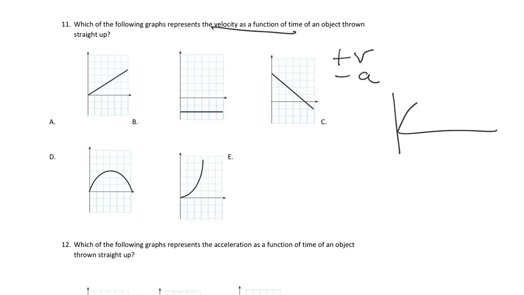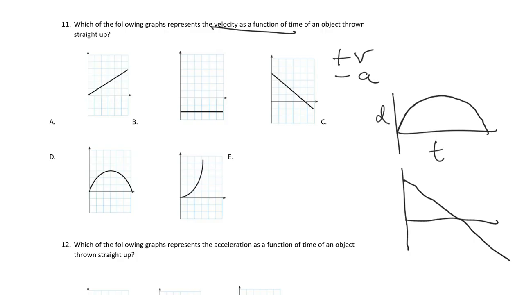Oops. Okay, wait. A D versus T graph would look like that. But a V versus T graph would look like this. Positive velocity stops, and then negative velocity increases until it hits the ground. So it would be this guy right here.